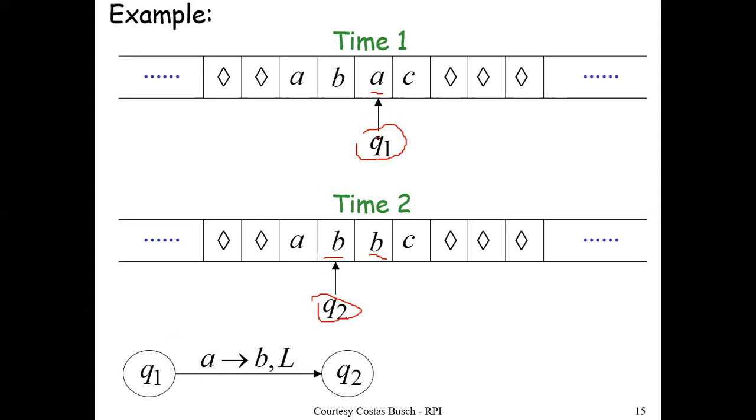So if you are on Q1, your pointer is on A, and your transition allows that you are on A and you can write B, then you can do that transition and your output current state will be Q2, and that will be your time 2. It also shows that time is changing. At time 1 this is your first action, this is your second action. This will come first, that will come after the first, and then go on. This is a time series type of execution of a program.